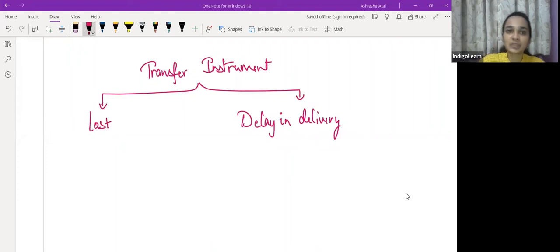So इस situation में क्या होगा? इस situation में the board will decide what to do. The board मतलब the board of directors, they will decide what to do in case the transfer instrument is lost or in case there's a delay in delivery of transfer instrument. उस situation में the transfer would be registered.